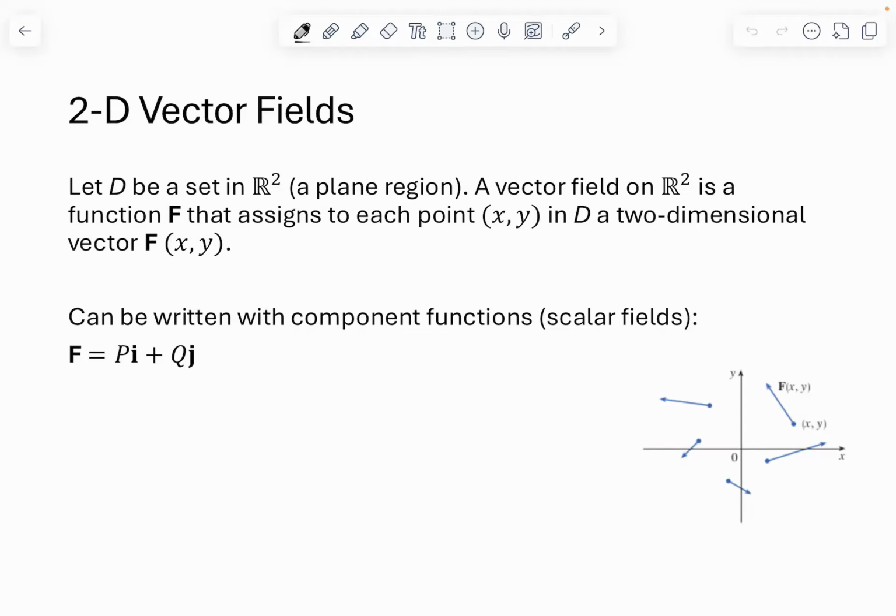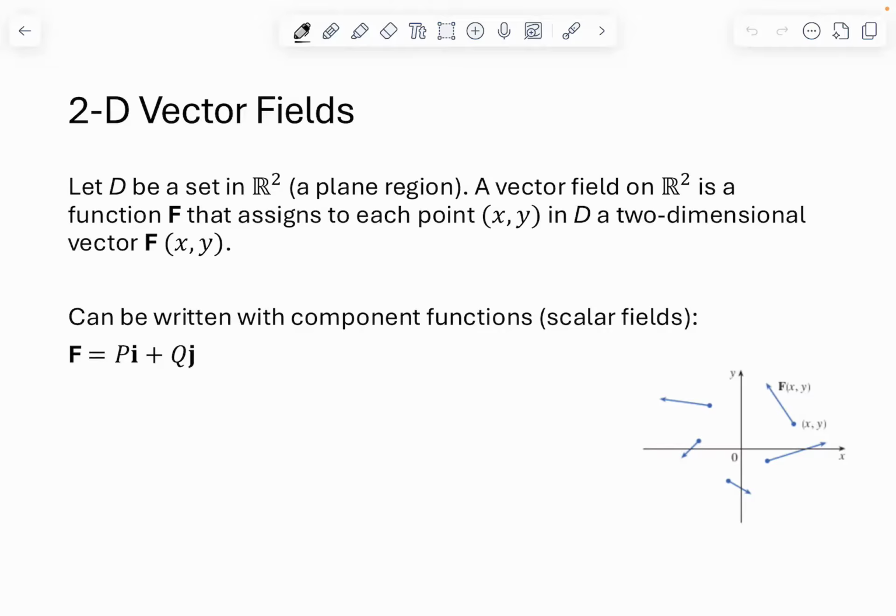And we can write this with the component functions, also known as scalar fields, as f is equal to p times i plus q times j. Again, that i and j are the standard basis vectors.